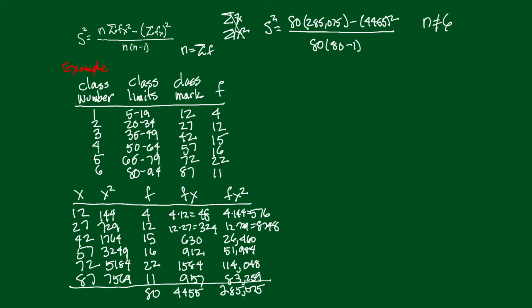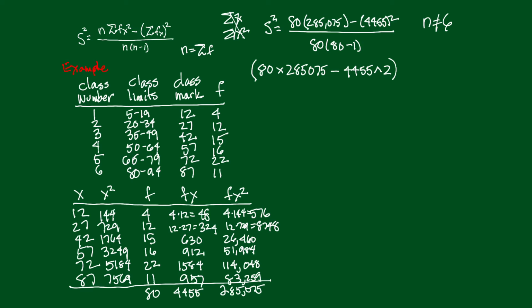So on your calculator, type in a left parenthesis right above the 8, then type in 80, press the times key on the right-hand column, type in 285075, no commas, minus 4455 caret 2, and then close the parentheses right above the 9.